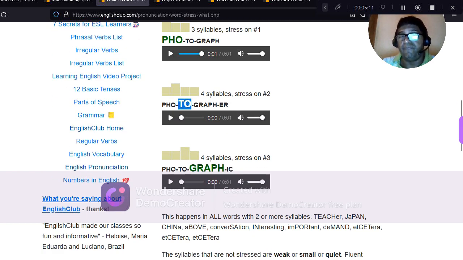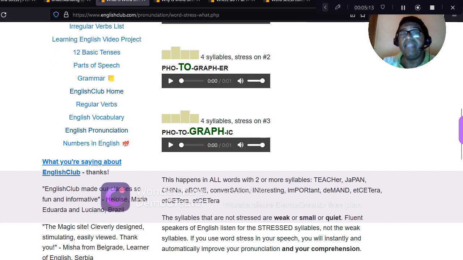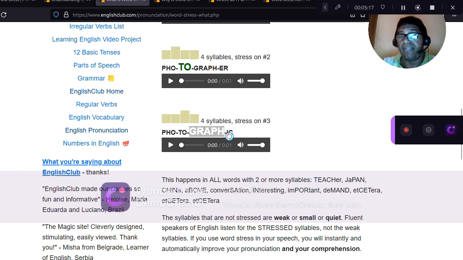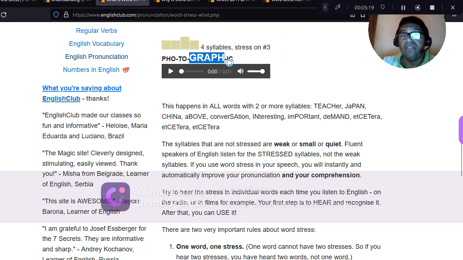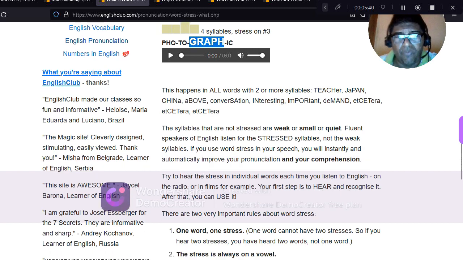In this one, photographic. So this happens in all words with two or more syllables: teacher, Japan, China, above, conversation, interesting, important, demand, etc. That would mean the same in every word.